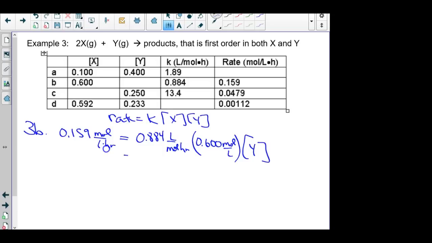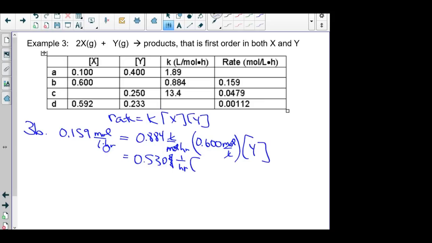And I get 0.5304. Now when I multiply this, moles is going to cancel with moles because they're on top and bottom. Liters cancel with liters. And I'm going to have inverse hours. Or, as you know, hours is on the bottom. It's going to stay on the bottom. Let me double check my number. 0.884 times 0.6. Okay, I agree with my number. Not doing a good job with sig figs. Really, this 4 would go away because I only have 3 sig figs allowed.